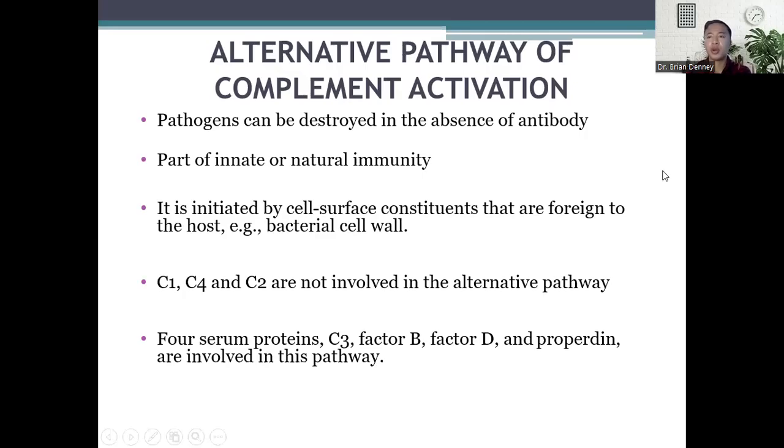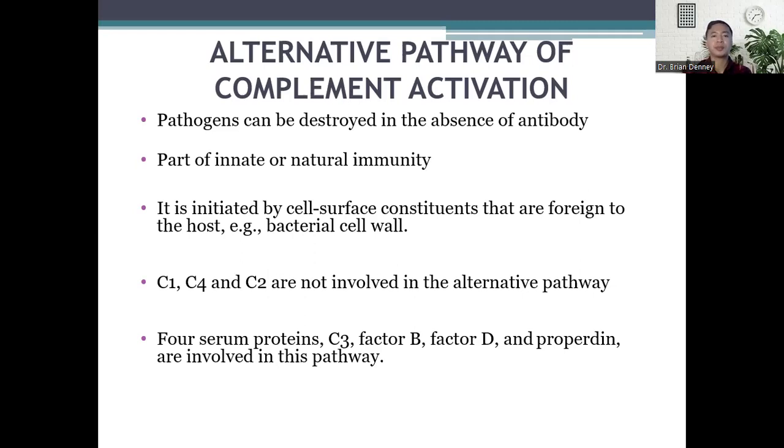Unlike your classical pathway, the alternative pathway does not need any antibody. In other words, the pathogens can be destroyed in the absence of an antibody. Thus, this pathway is considered antibody independent.